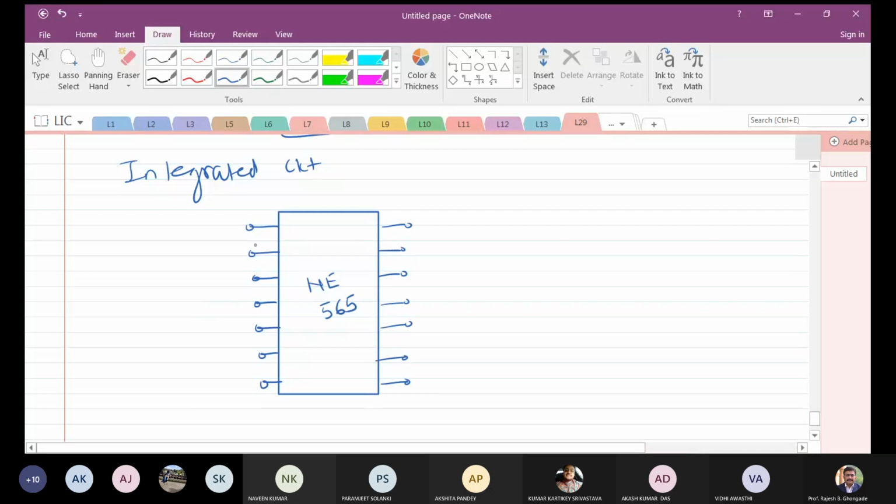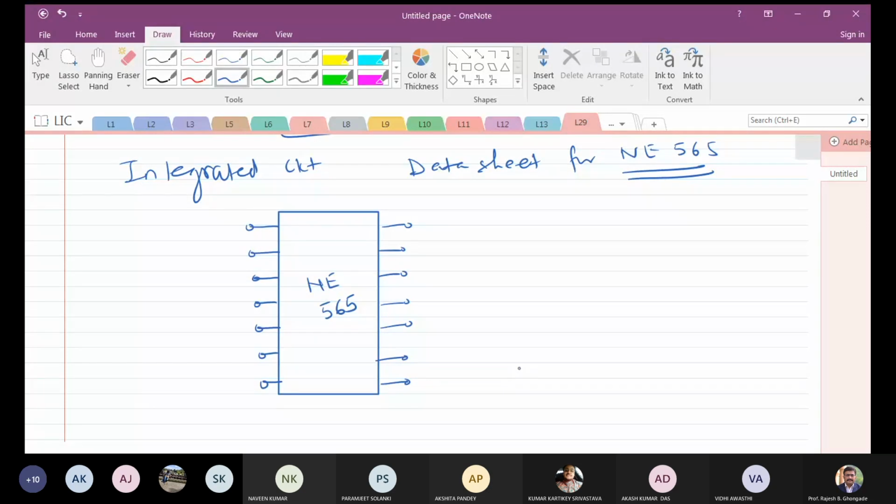Just check out the data sheet for NE565, as a part of your homework. See the block diagram also. All right, just a moment.